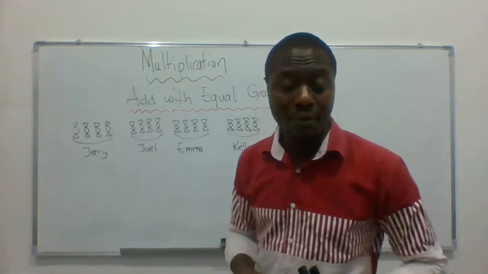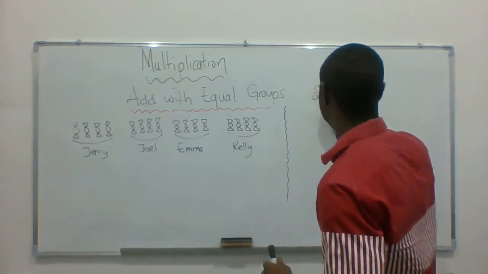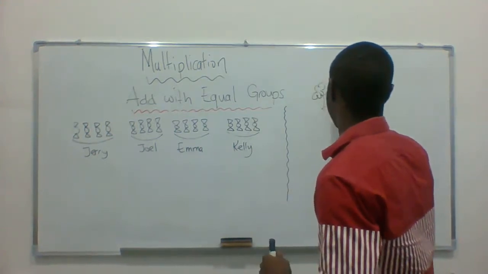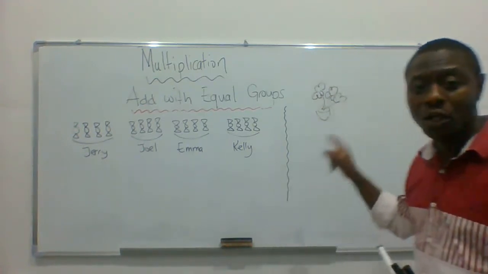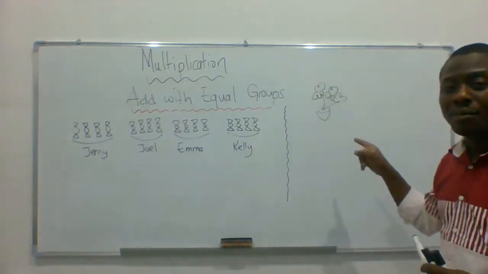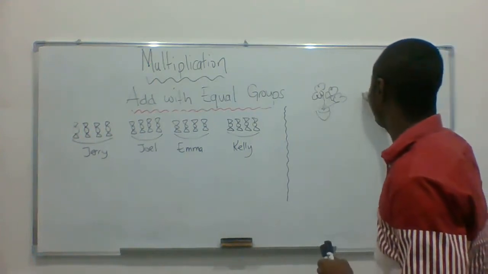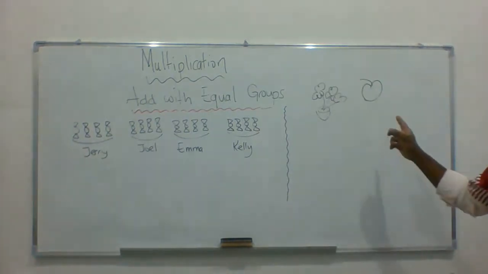I'll give you another example of a group. When you have flowers, this is a group of flowers because there's not just one flower. Now, when you have only one tomato, is this a group of tomatoes?